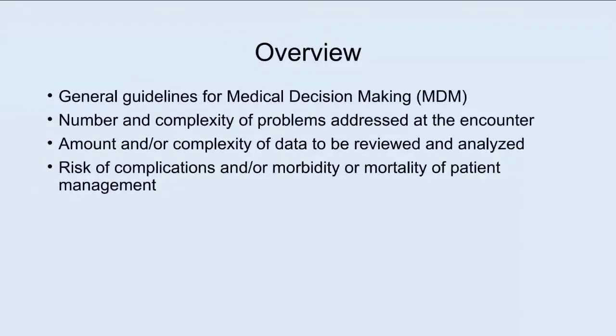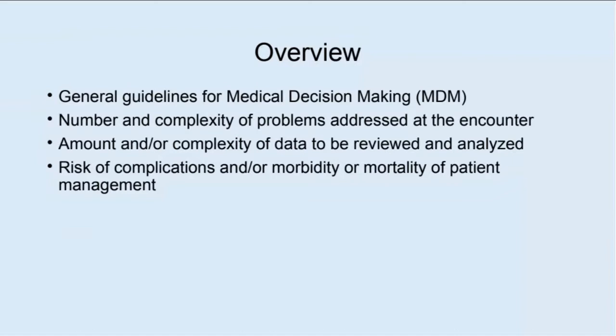Now, part 1 of this update includes changes to the key components and general guidelines. Part 3, which I haven't put up yet, will be on changes to specific categories of code, such as observation codes. So this just deals with medical decision making.